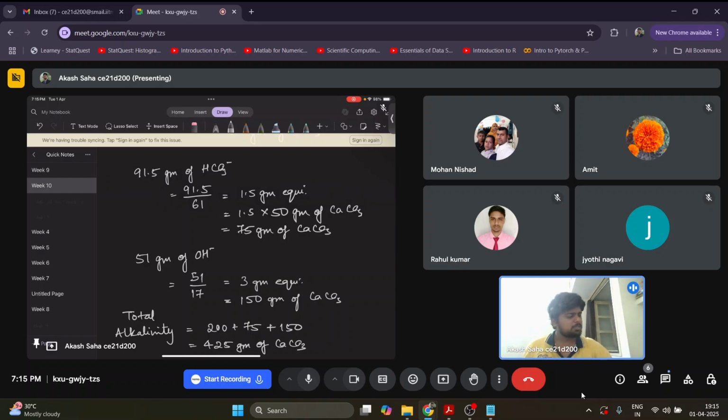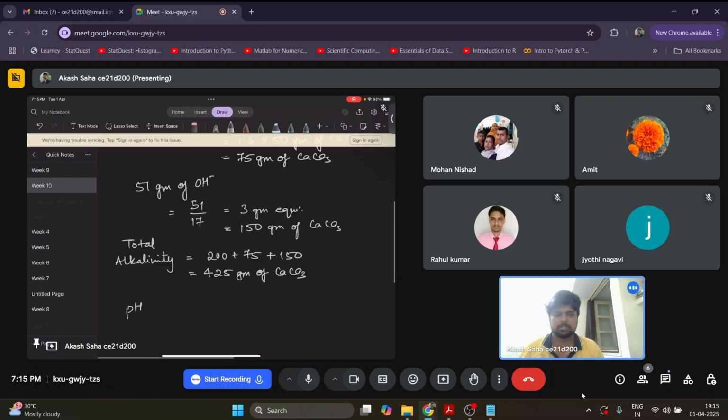Okay. Now suppose the pH of the system is known. So that means pH, if I say 6, what will be my H plus ion concentration? Because pH is minus log of H plus, and it is 6. So from here I will get the H plus ion concentration.